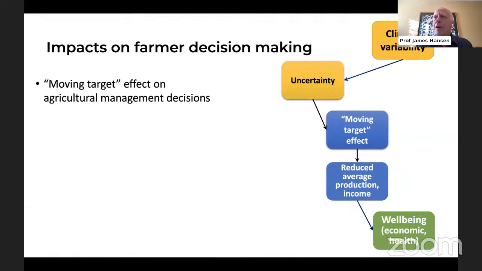So let's assume that a farmer wants to maximize expected profit. That decision maker, that farmer, not knowing what the weather conditions will be like for the upcoming year, may select the management that is optimal, that leads to the highest average productivity, that's optimal across average weather conditions. That seems like a reasonable strategy.